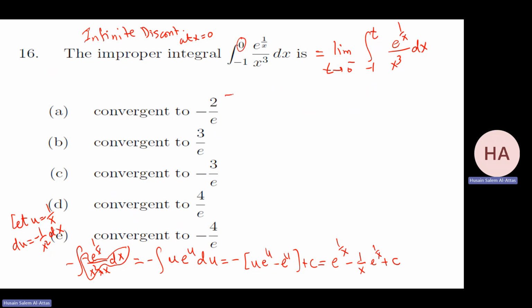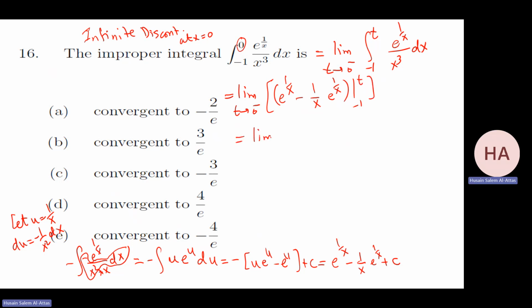Plug it here. I have the limit as t goes to 0 from the left of what? Be careful now. This is e^(1/x) minus 1 over x e^(1/x). This is from where to where? From minus 1 to t.